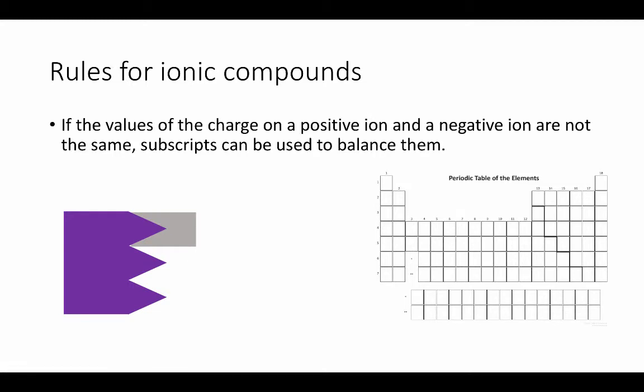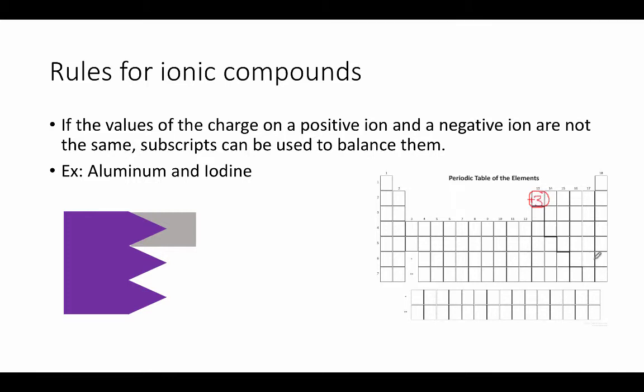So if the values of the charge on a positive ion and a negative ion are not the same, then we use subscripts to balance those charges. So for example, aluminum and iodine. If we find aluminum on our periodic table, it's right here, and we said that that was a +3.